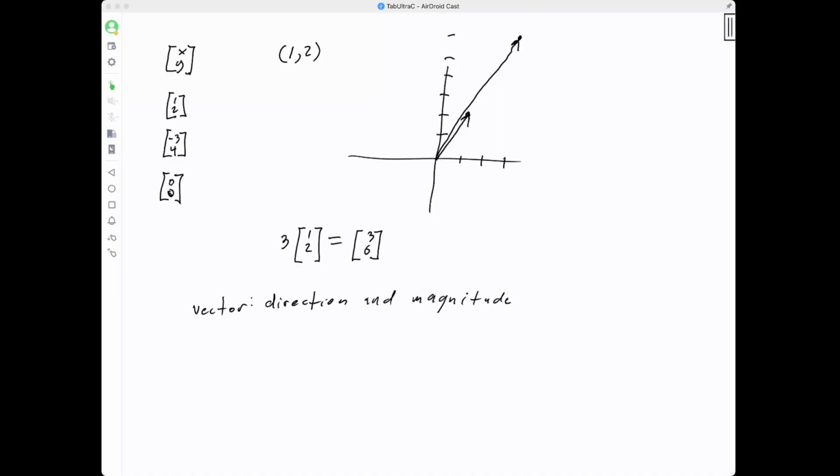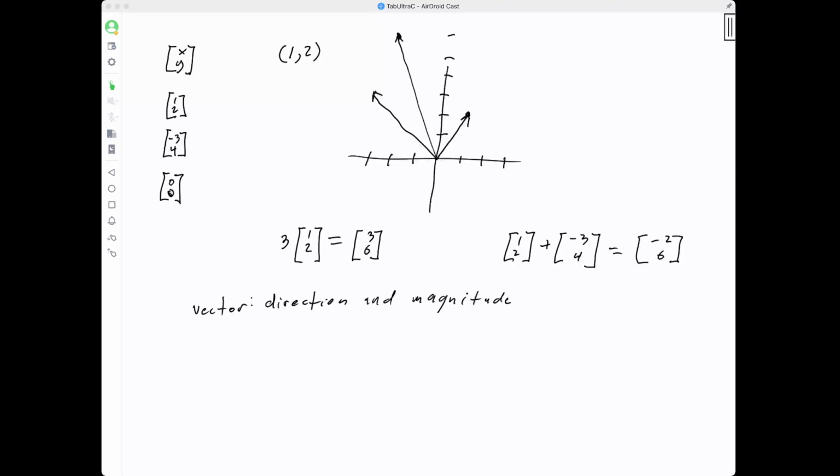And we can add vectors together, like vector 1, 2 plus vector, let's say, negative 3, 4. If I look at that, I've got vector 1, 2, which I've already drawn, and vector negative 3, 4 is this vector. And so I can add these vectors together by adding the points to get negative 2, 6, which is this vector.